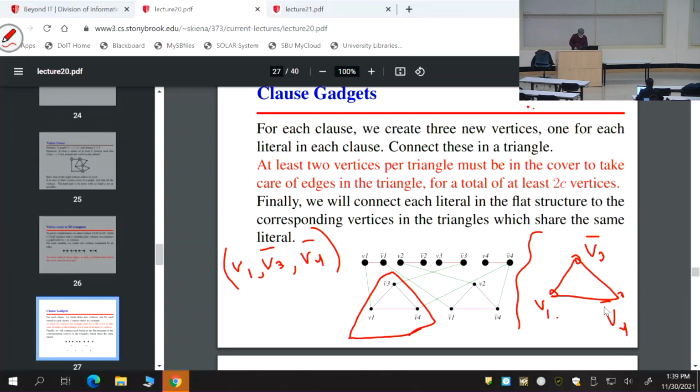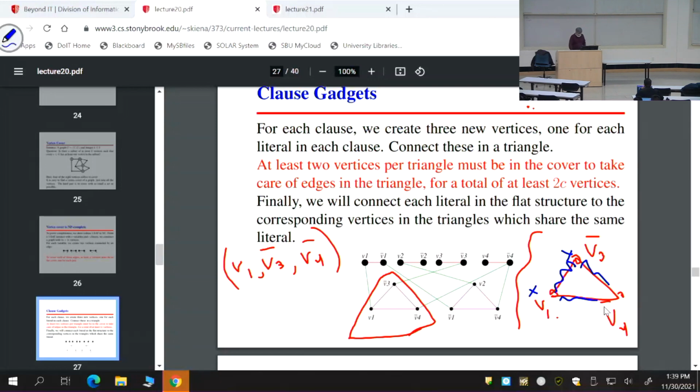If I pick this vertex and this vertex, I get that edge twice, this edge and this edge. Do you see that if I have a triangle of vertices, any 2 of those vertices will cover all 3 edges in the triangle, right?